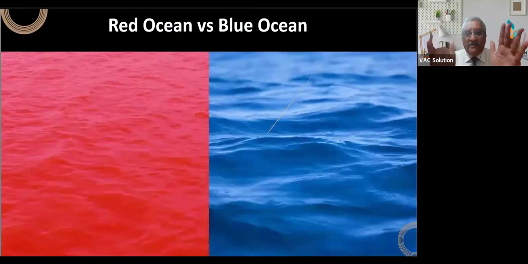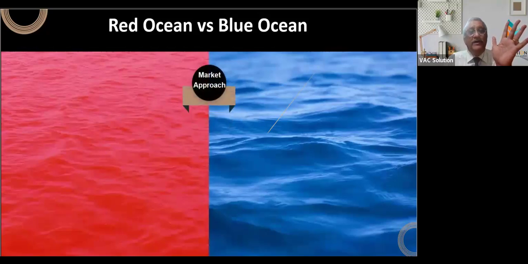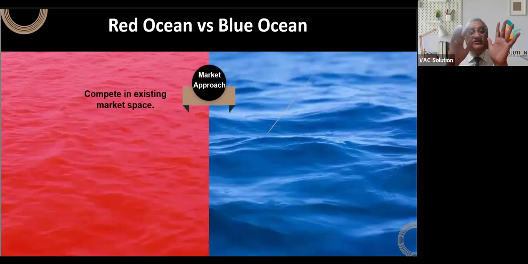Be it as an employee, a consultant, or an entrepreneur, you are in a Red Ocean because there is a huge amount of competition in the marketplace. Everything you are doing, you are doing in the existing market space only, facing competition and trying to overcome it in the existing market space.